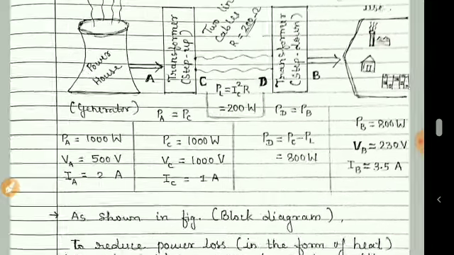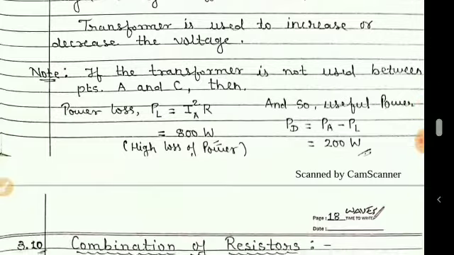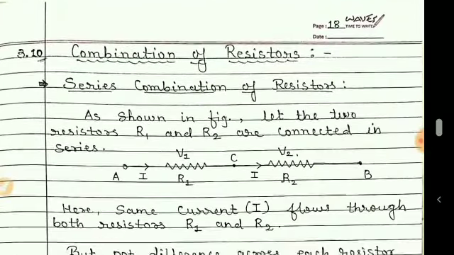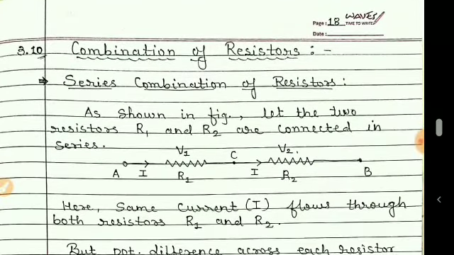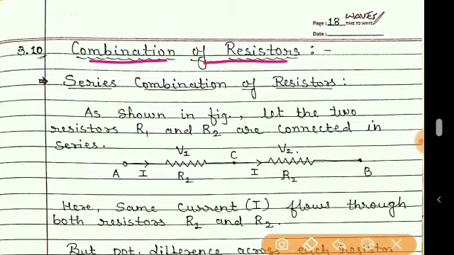Now our next topic is about the combination of resistors. Students, you have studied in 10th standard about the combination of resistors. Resistors can be combined in series, or in parallel, or in a mixed combination.